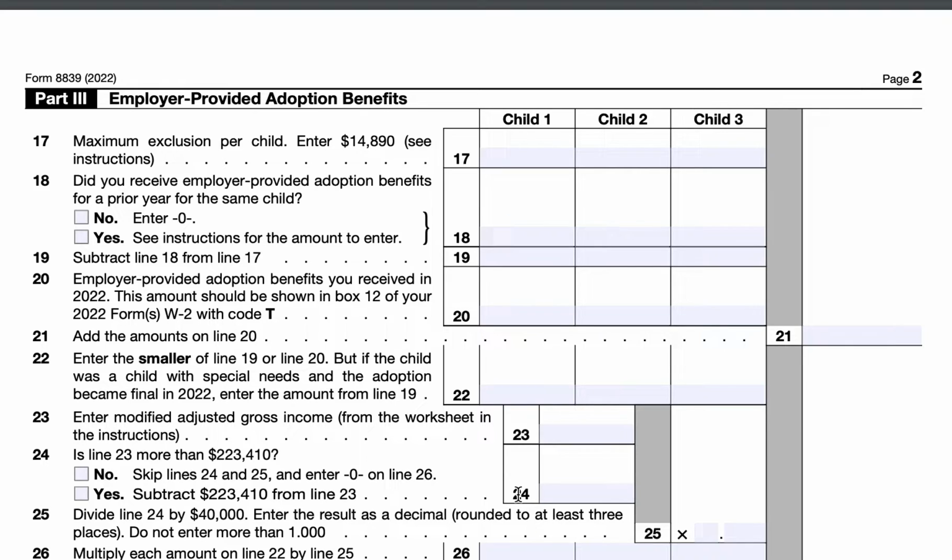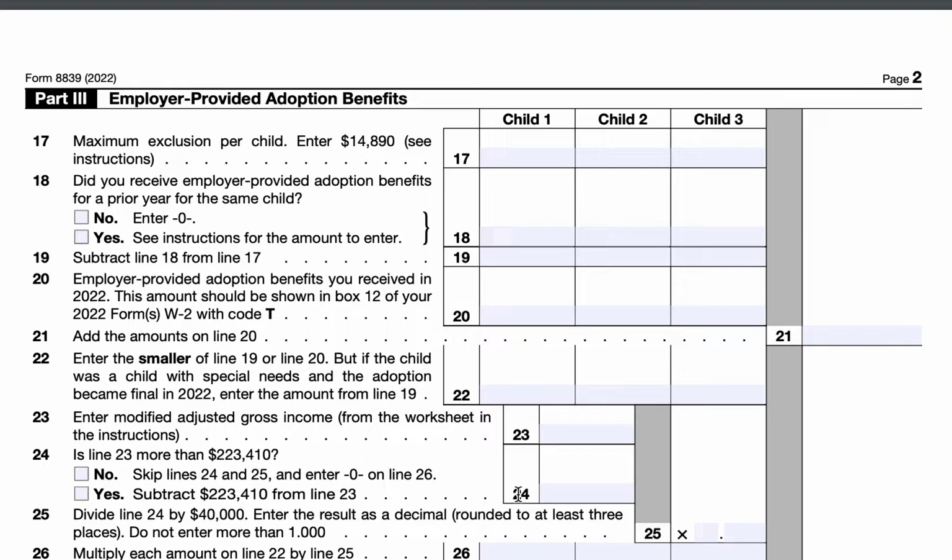In line 18, you'll indicate whether you received employer-provided adoption benefits for a prior year for the same child. If no, enter 0. If yes, then you should enter on line 18 the total of the amounts shown on lines 18 and 22 of the last Form 8839 that you filed for this child. In line 19, you will subtract line 18 from line 17.